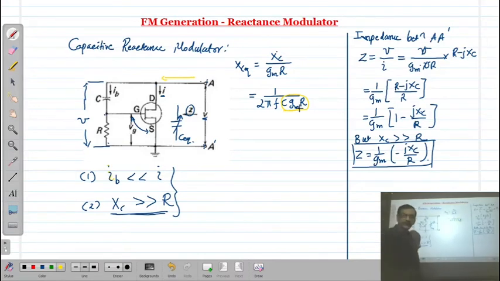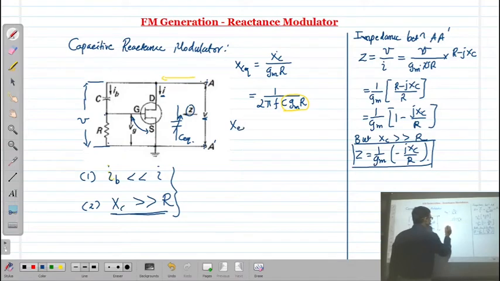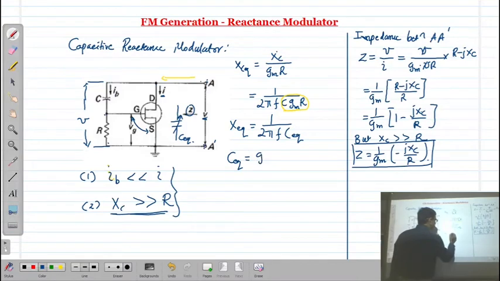C into Gm into R is representing a capacitor. Remember, so we can write that X equivalent is equal to 1 upon 2 pi f into C equivalent, where the C equivalent is what? It is Gm into C into R.